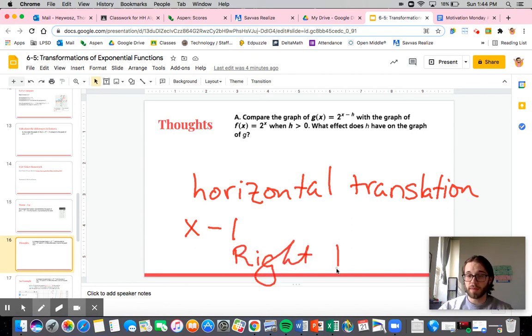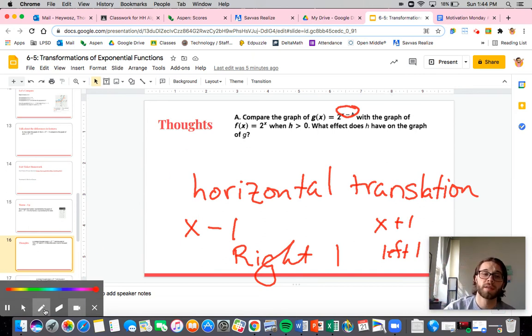That still applies. I cannot stress that enough. If I had a plus 1 there, it would be left 1. So you need to be careful about that. It's going to go left and right. You'll notice it is up inside the exponent. It's not inside the parentheses. It's in the exponent. That's where it's going to go for this function.